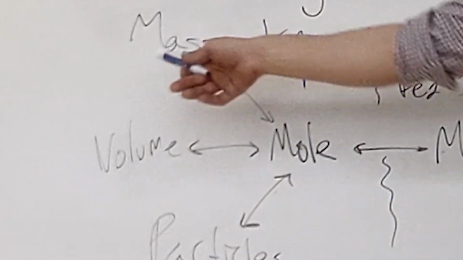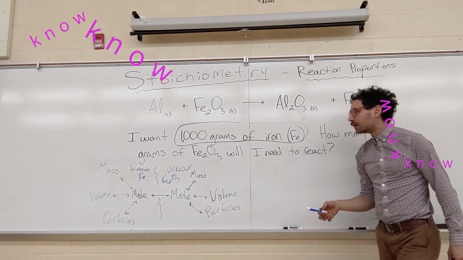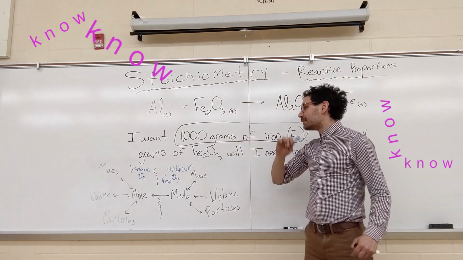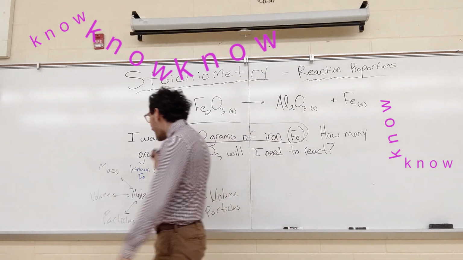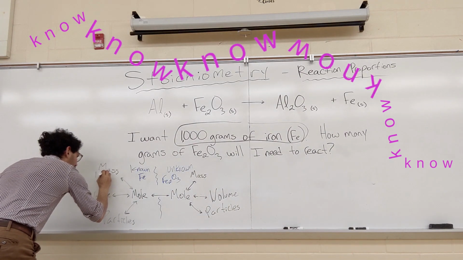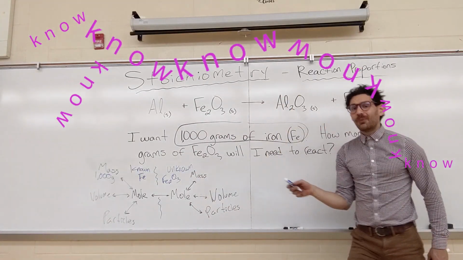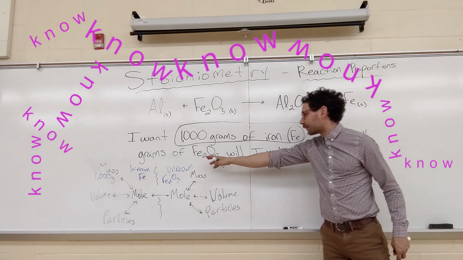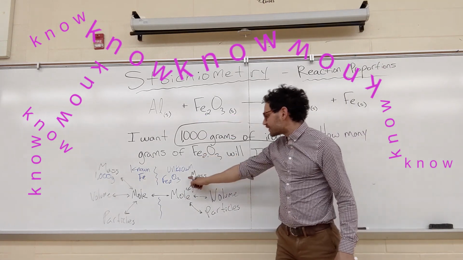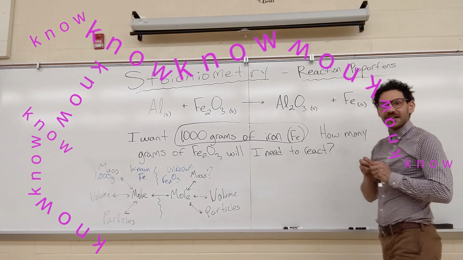If I look at this mass, I'm talking about the mass of iron. And I already know the mass of iron that we should base all this off of. I know that the mass I want is 1,000 grams. And I don't know, but I do want to know, the mass of iron oxide. So I'm going to put a little question mark there that tells me this is where I'm trying to get to.